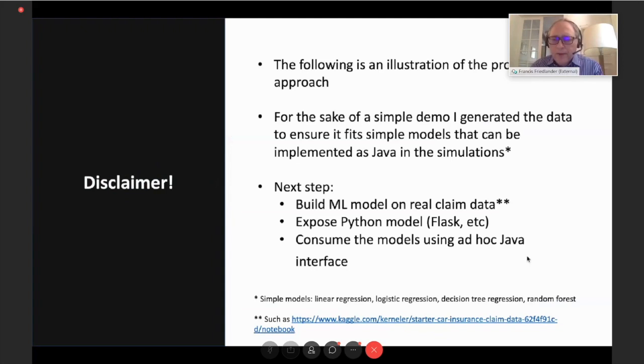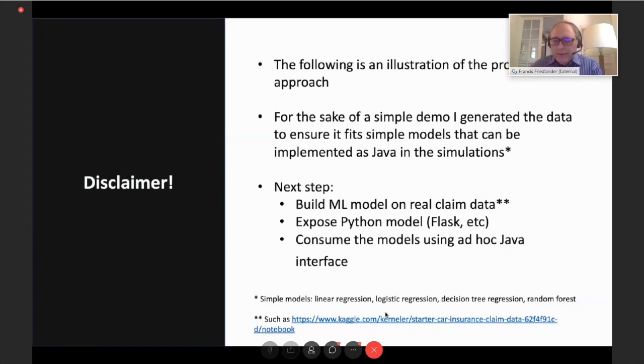specifically, but actually, if you are interested, you can find some claim data on Kaggle. I tried to work on them, but it was too complex. Also, I tried to have data simple enough so that the machine learning model is either a logistic regression or a decision tree or random forest, etc., so that I can easily reapply it in Java.